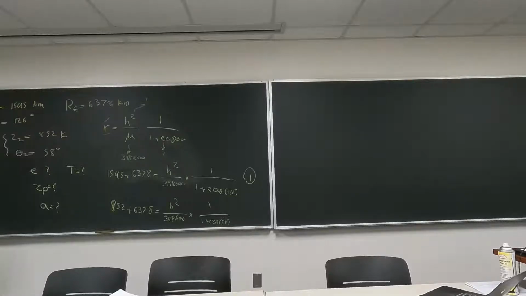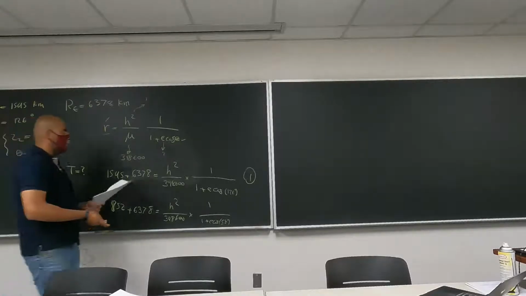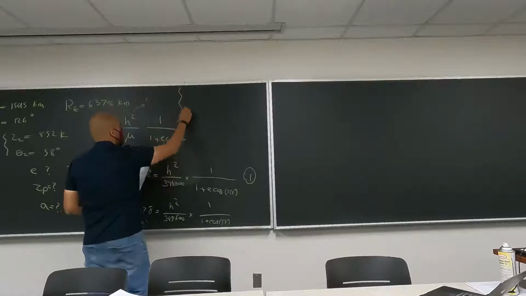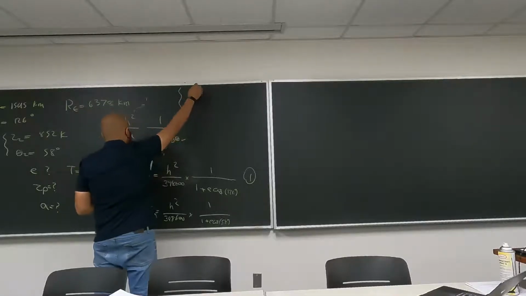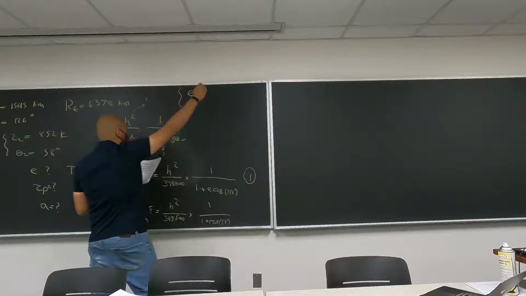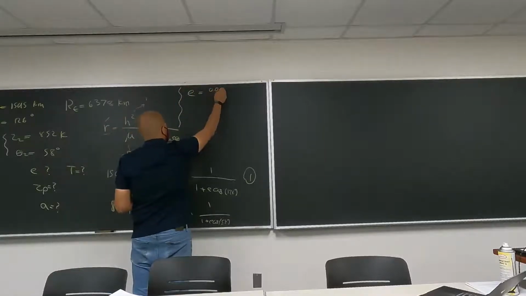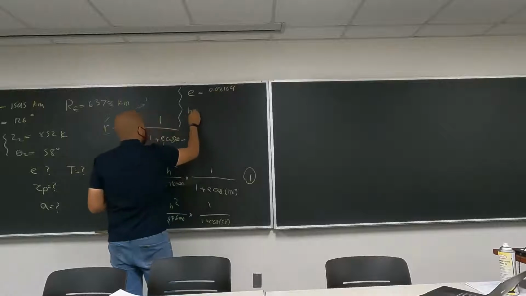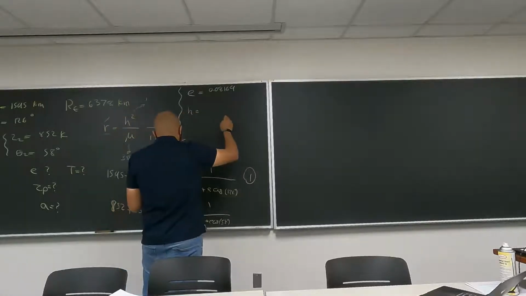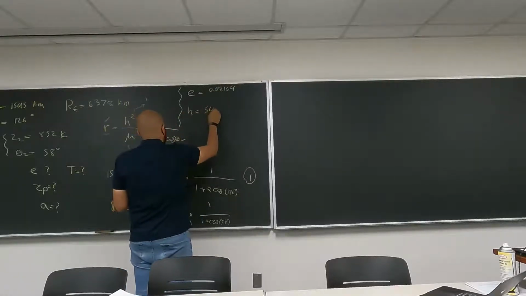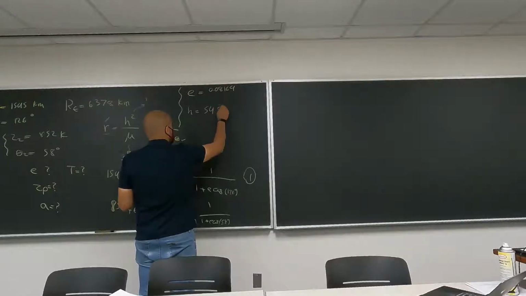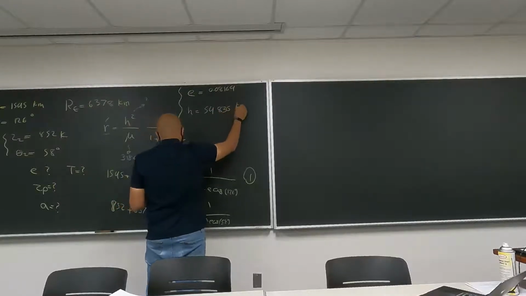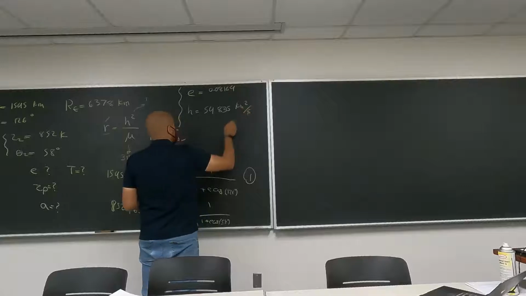Based on the system of equations, your eccentricity is going to be 0.08164, and your h is going to be 54,830 kilometers squared per second.